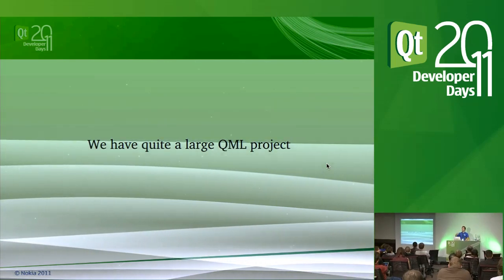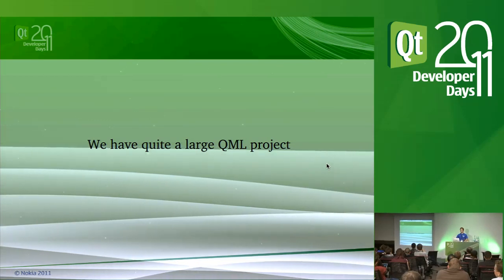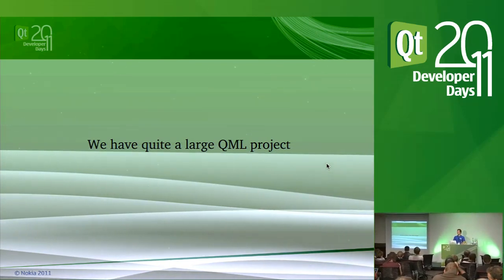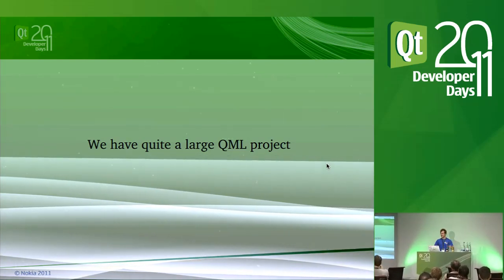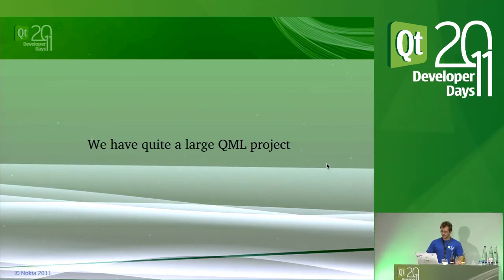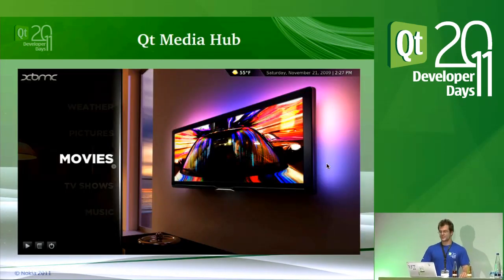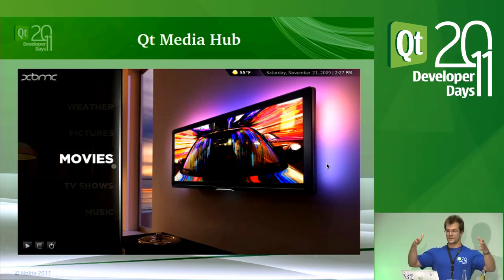Myself and two other engineers seated at the front here are responsible for quite a large QML project. We didn't know QML at the start of it. We can't really tell people to use it and vouch for it unless we actually get burnt by the issues, eat our own dog food, you all know the drill. So we took something that looked pretty appealing and geared towards our niche market.